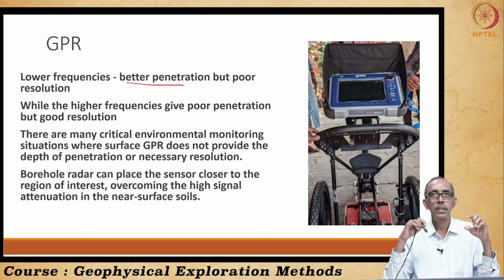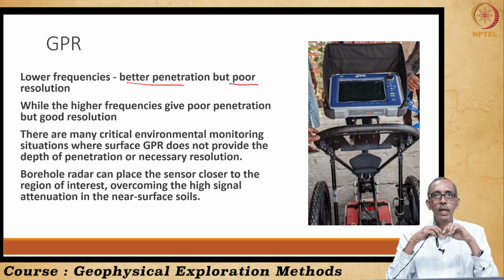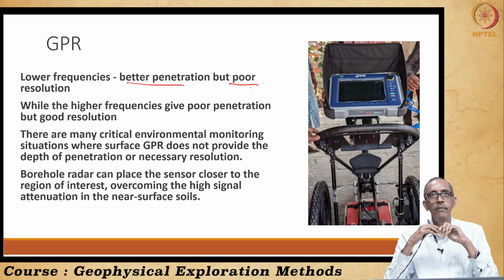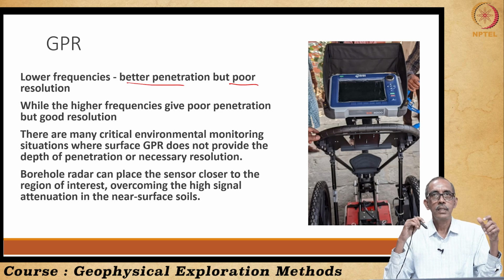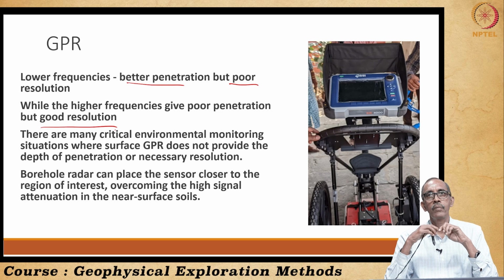But the resolution which we will get will be poorer. We will have a poor resolution. Whereas, high frequency antennas give poor penetration, that means only shallow investigation, but we get good resolution, right.